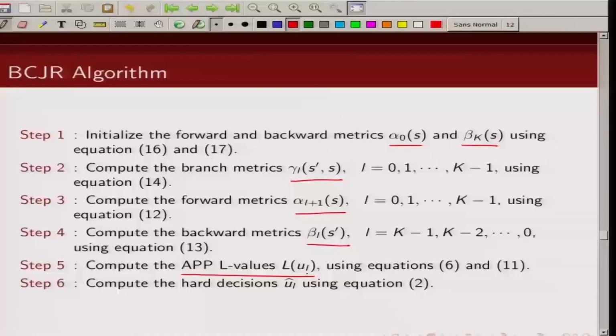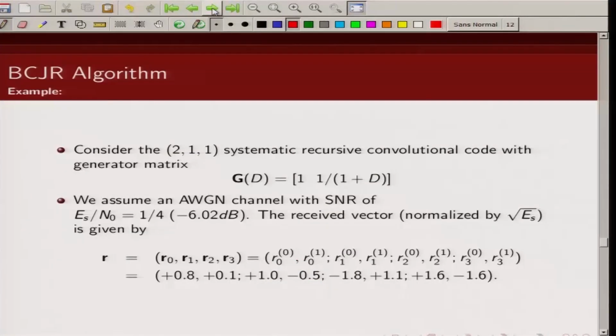Then, once I have this APP value, the final thing I am going to do is take a hard decision based on whether it is greater than 0 or not, that is, plus 1 or minus 1.